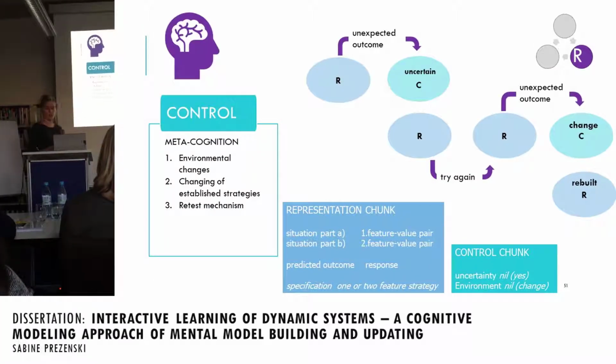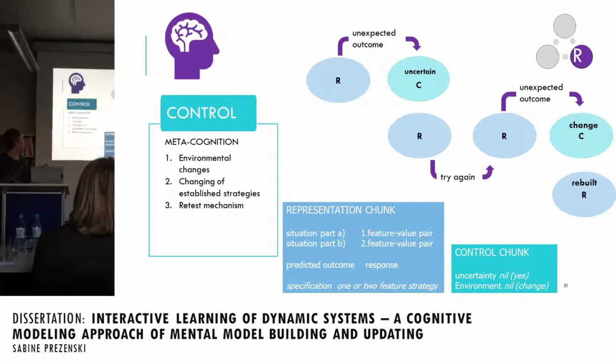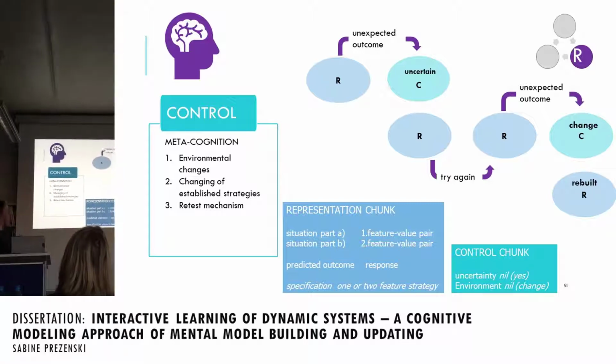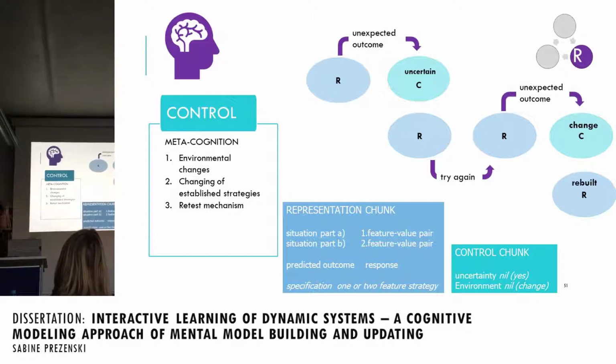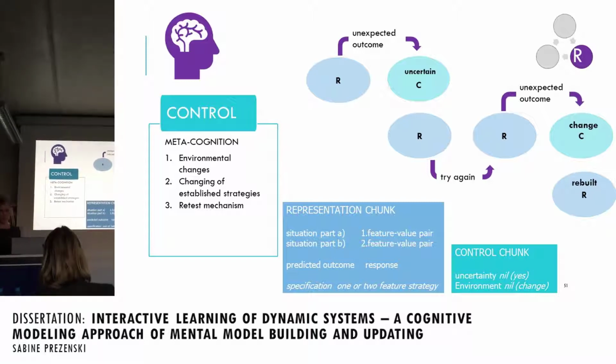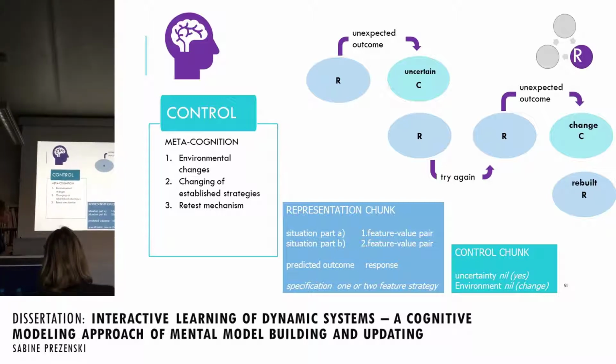Now, the metacognitive control mechanisms are, as you have seen before, for registering environmental changes, for changing of established strategies, and the retest mechanism. So we have the representation chunk with the strategy, the control chunk for noting uncertainty and environmental changes, and we have a strategy which leads to an unexpected outcome.